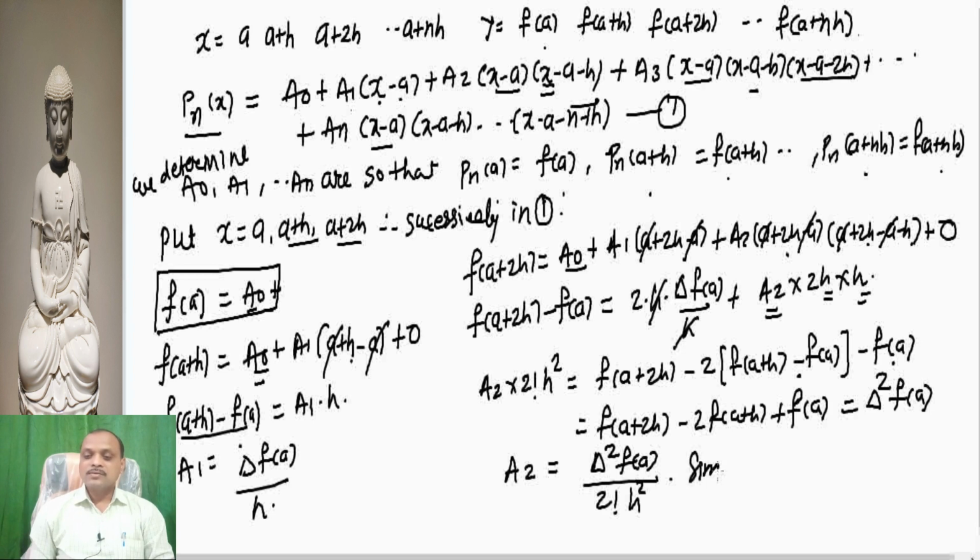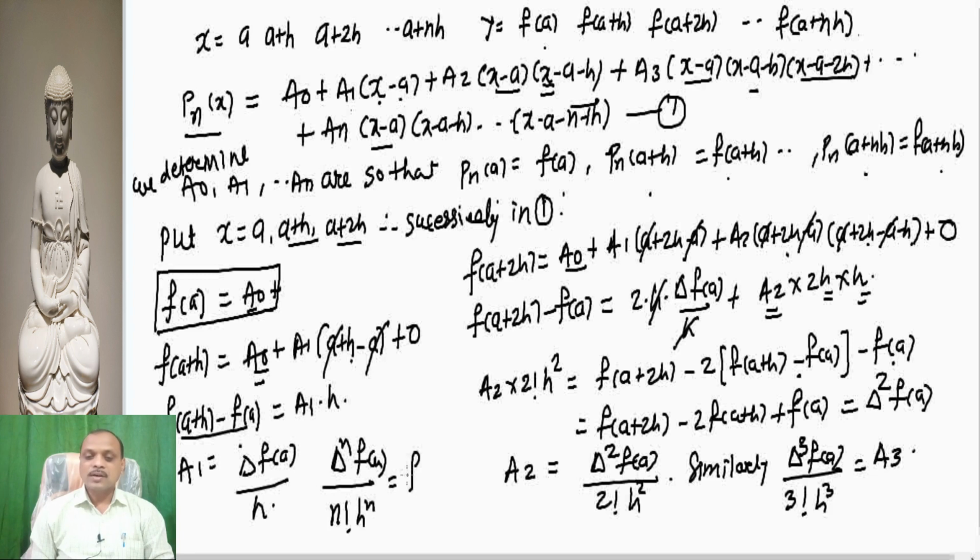Similarly we get delta cube f of a divided by 3 factorial h cube will be a3, and the general term will be delta raised to n f of a divided by n factorial into h raised to n, and this will be our an.